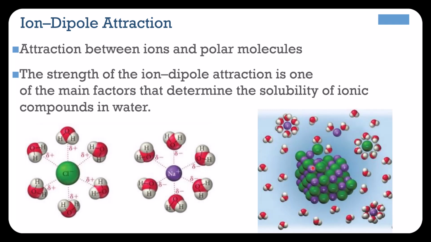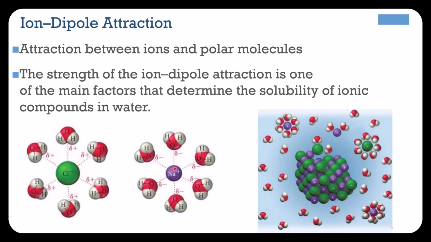When we drop sodium chloride into water, what happens is this water starts to tug on the chlorine. The water starts to tug on the sodium, right? And eventually there'll be a strong enough tug on those that they'll separate from one another. So chlorine and sodium will separate. And then we're going to get this solvation process.